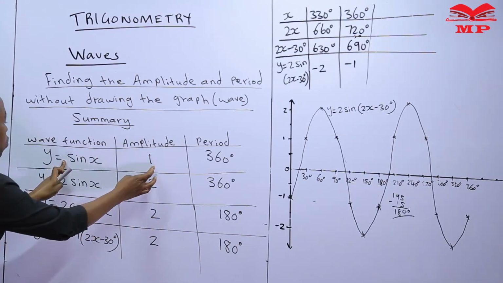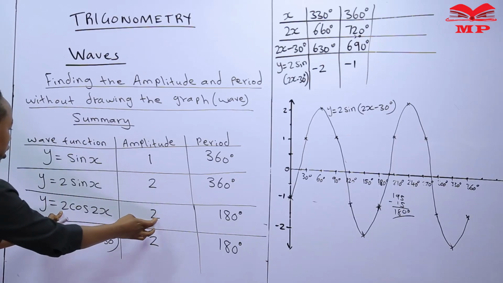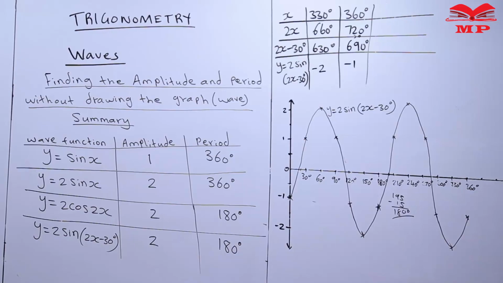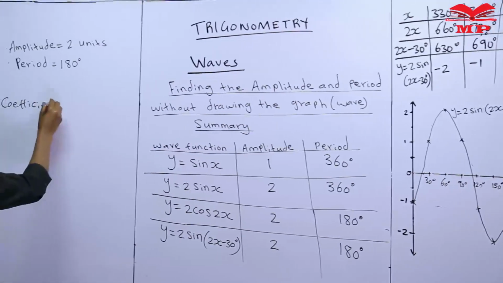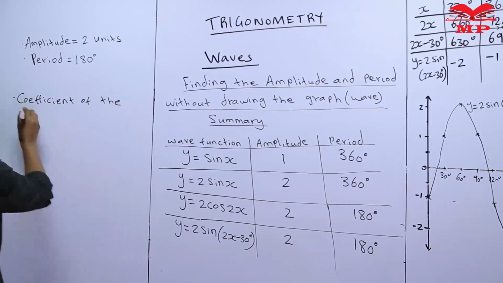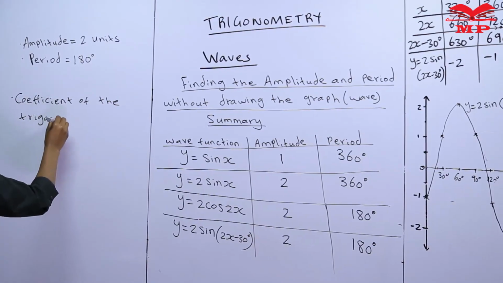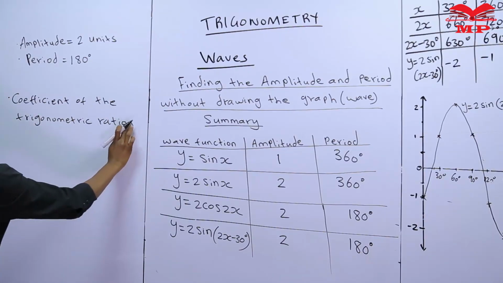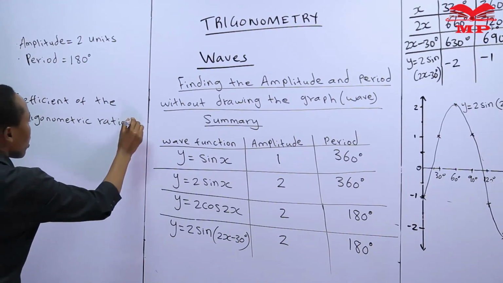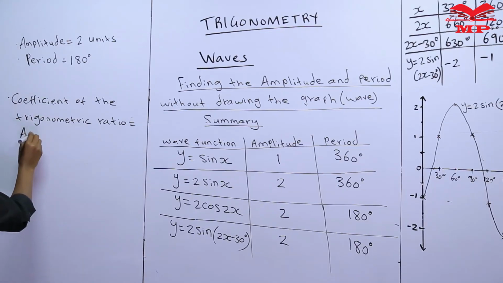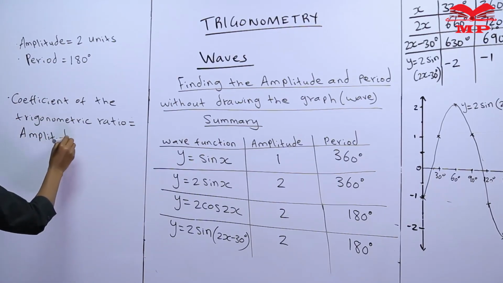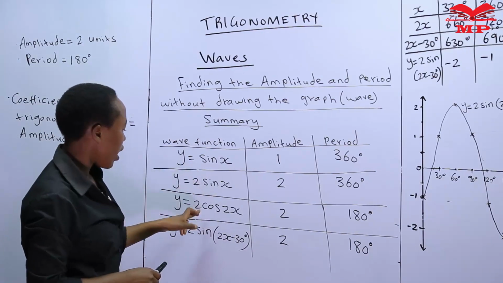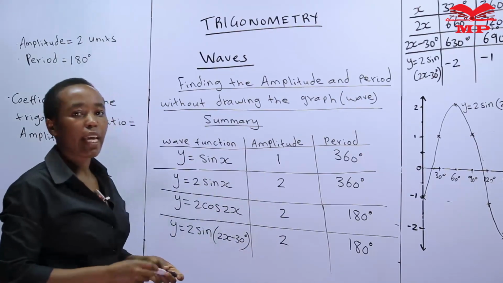So we can say that the coefficient of the trigonometric ratio is equal to the amplitude.